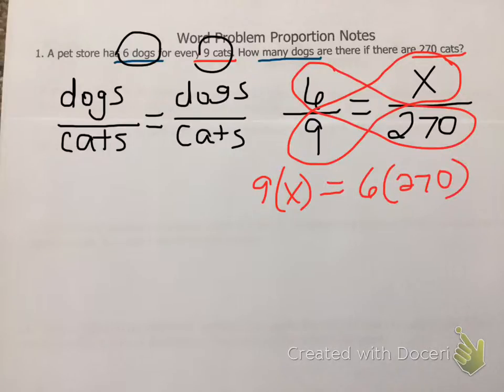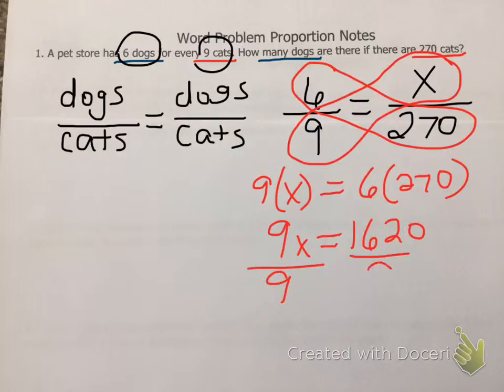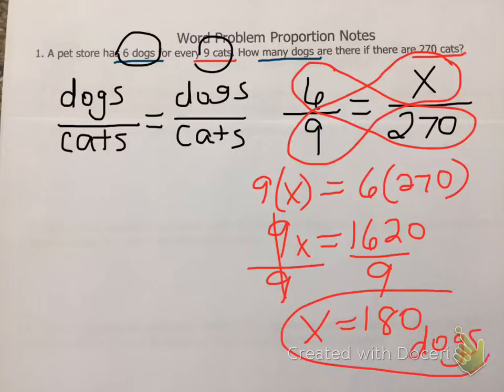I guess multiplication would have worked well also. 9x equals, when you multiply that, you can use a calculator if you wanted to, 1,620 divided by 9. One-step equation, just solve that, and you get x equals 180. And of course that's a word problem, so we should label that 180 dogs. And there's your answer. The hardest part is setting it up properly. This one is easier. They do get harder. Let's move on to the next one.